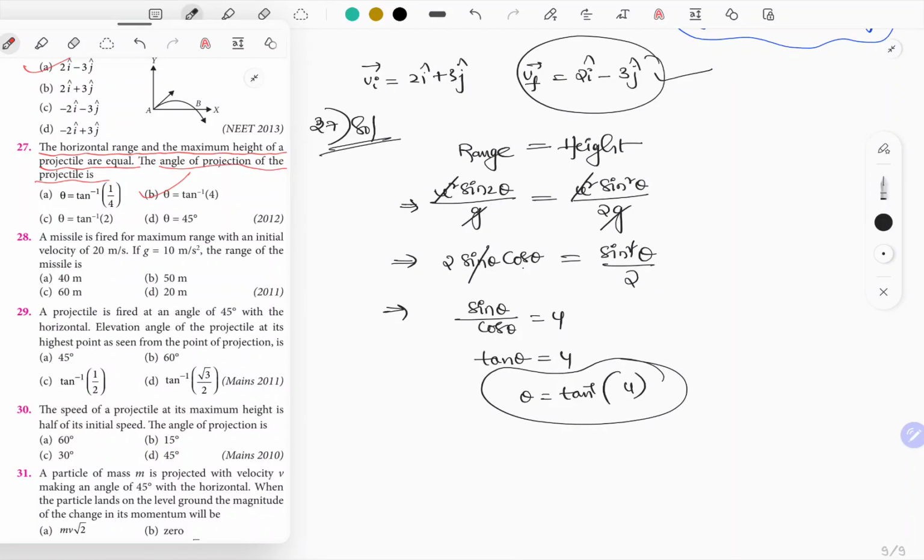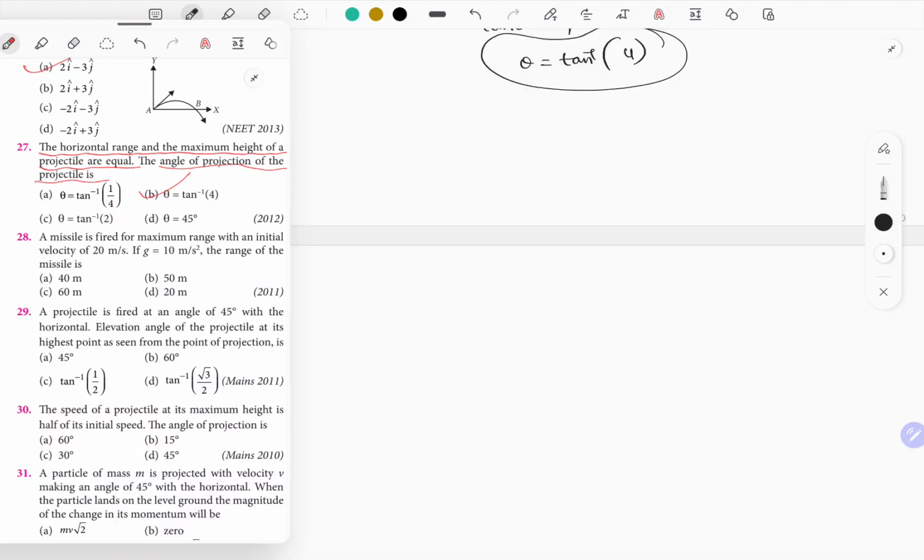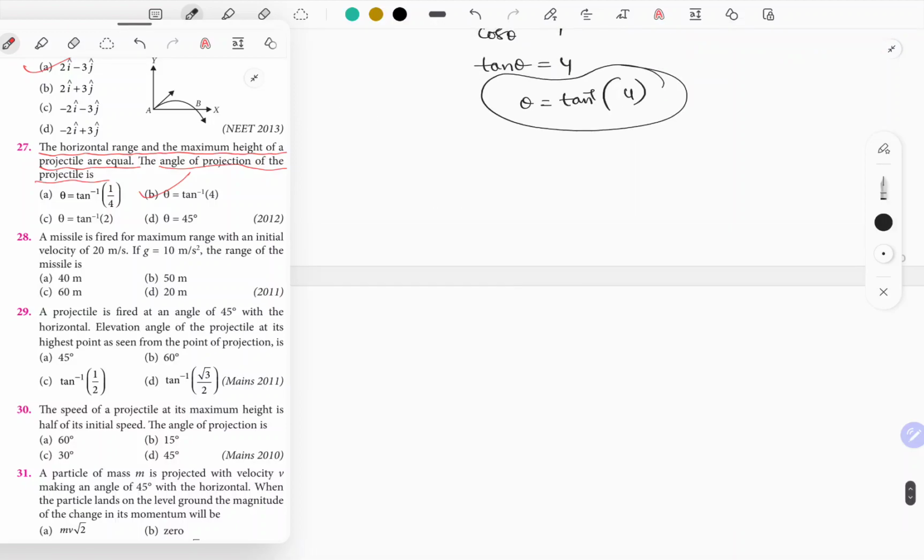Next, question number 28. A missile is fired for maximum range with an initial velocity of 20 meter per second. If g is equal to 10 meter per second squared, what is the range of the missile they are asking. The angle of projection at which the range is going to be maximum is theta is equal to 45 degrees. So look at this.